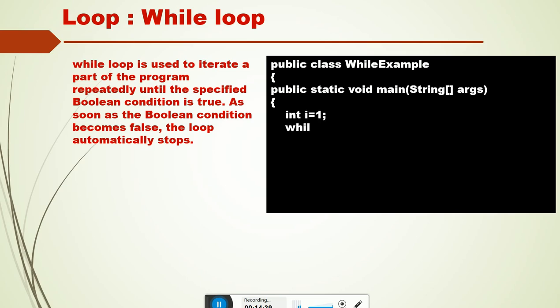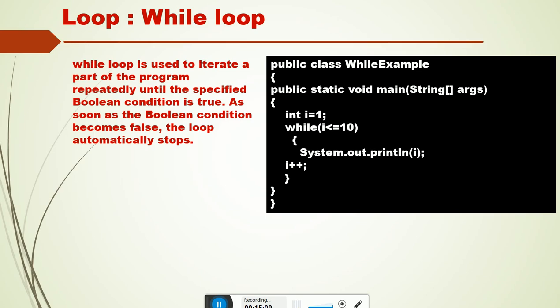public static void main, a string array, and then args. As usual, we use initialization, then condition, then increment or decrement. The same concept here. First we have to initialize it, like int i equal to 1. So it will start from 1, and then the condition, that is the termination condition, while i is less than or equal to 10.